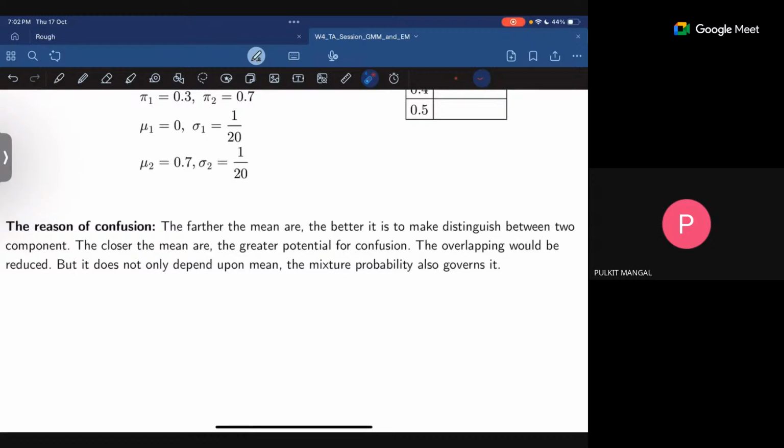The mixture probability also plays a part, that is, which component has more dominance. But in general, if you have two components with the same probability of choosing each component, then if the means are closer, it would create confusion in distinguishing between them. But if they are farther apart, you can easily distinguish that you have two components.